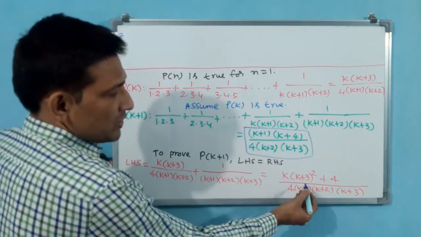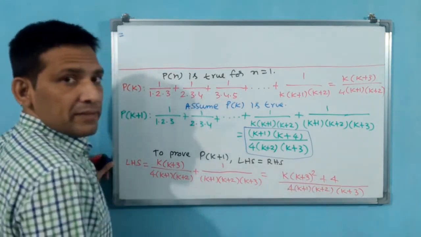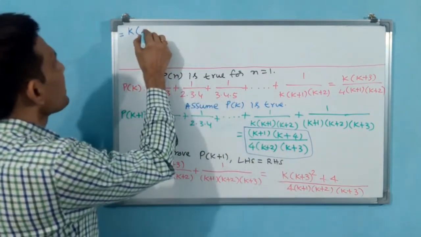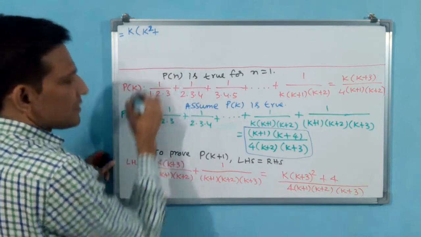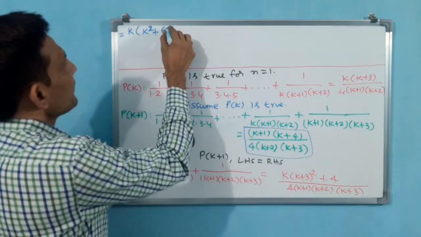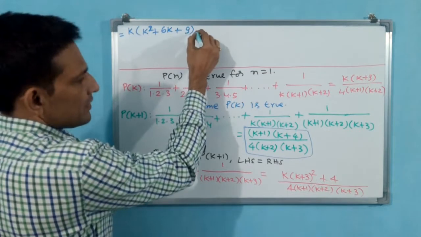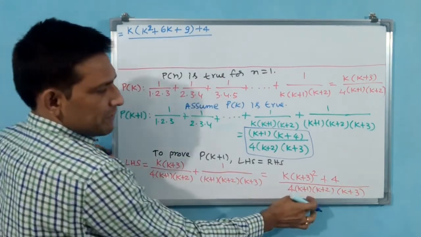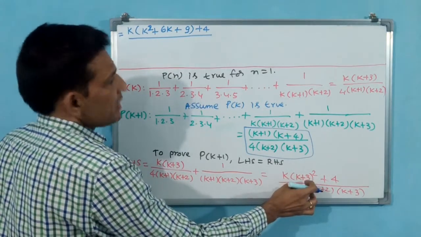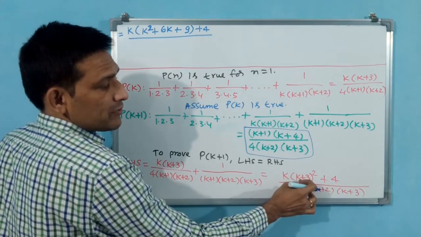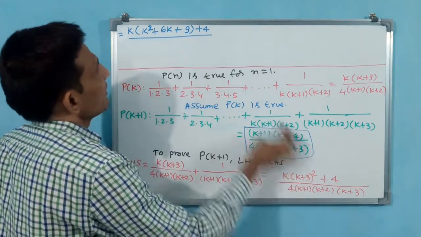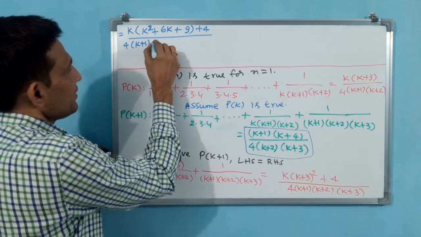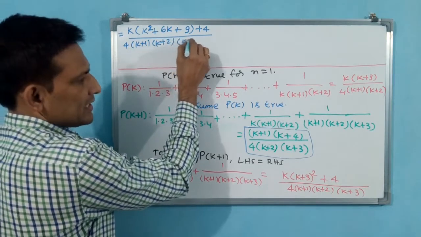Okay, now see, after expansion only you have to multiply. K into k square plus 6k plus 9, plus 4, divided by this. Expansion we are doing: k square plus 6k, 2 into 3 into k, 2ab, plus 3 square, plus 4, divided by this, repeat, 4 into k plus 1 into k plus 2 into k plus 3.